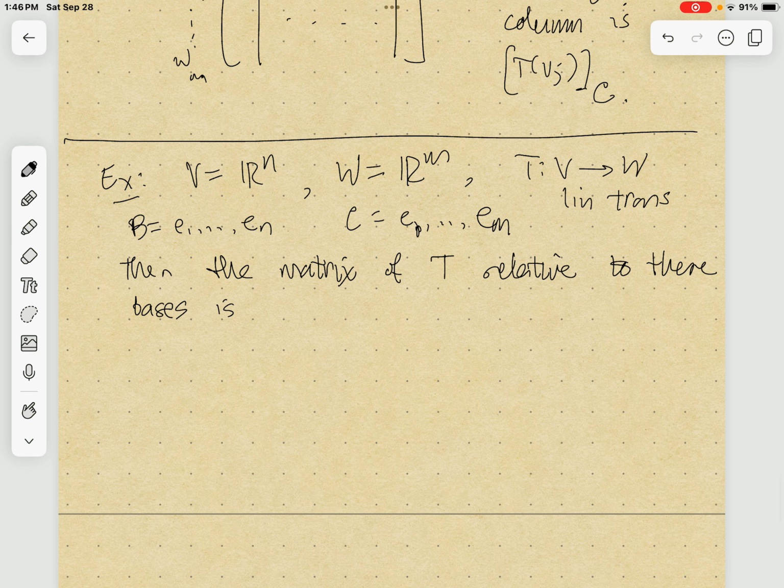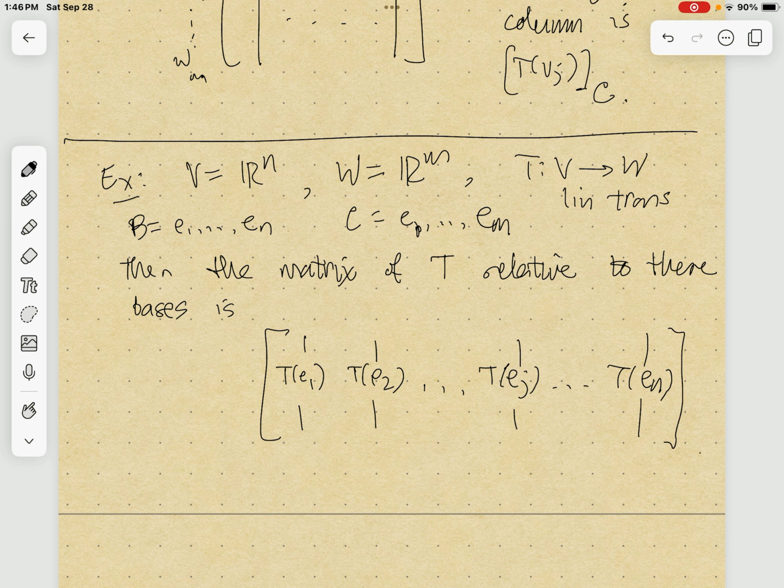is, well, let's think about it. So you take the first column is T of E1 relative to the basis E1 through Em. Well, that's just T of E1. And similarly for all the other columns. And so the matrix of T relative to these bases is just the matrix where you make your first column T of E1, the second column is T of E2, the jth column is T of Ej, right?